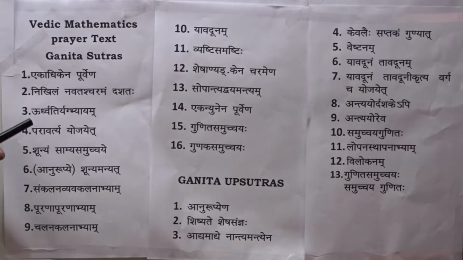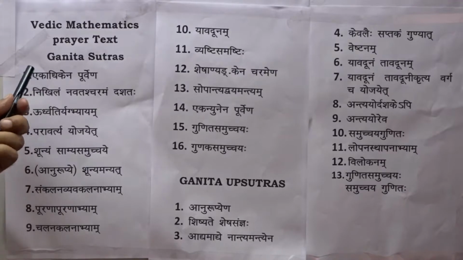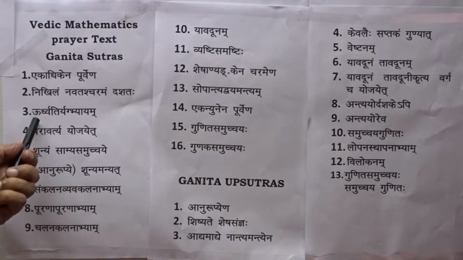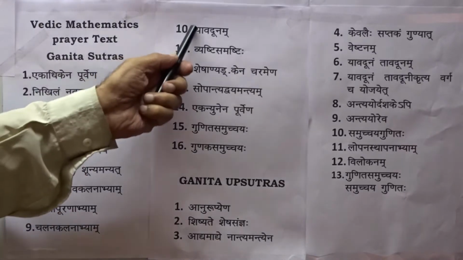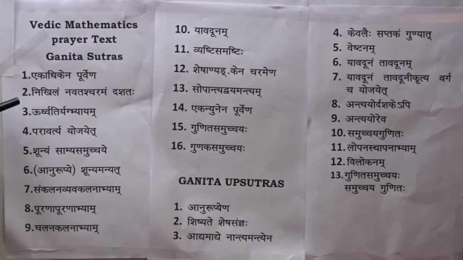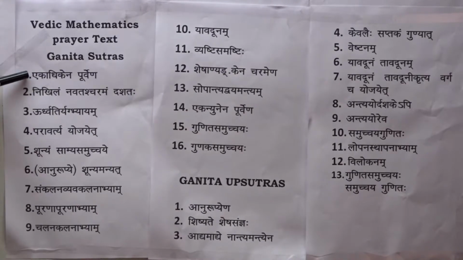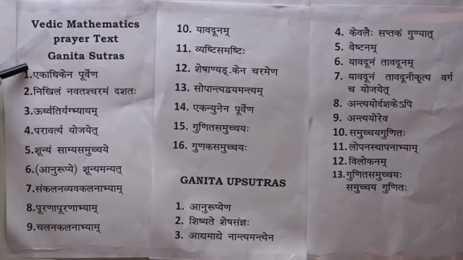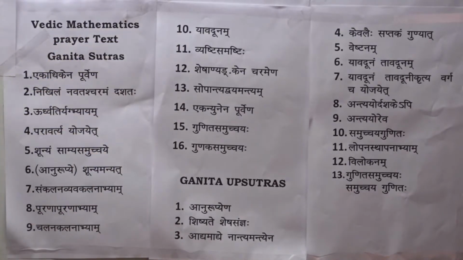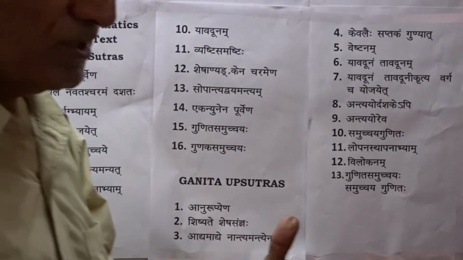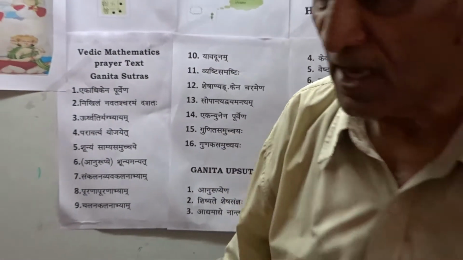So with this prayer, we are initiating ourselves to the mathematical domains of these Ganita Sutras, formats parallel to the transcendental code values of the first letters of these sutras.